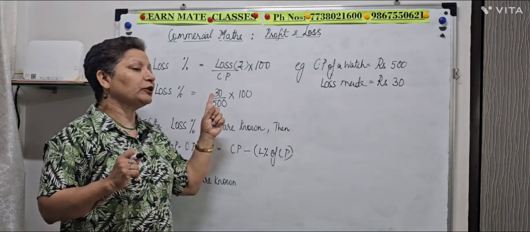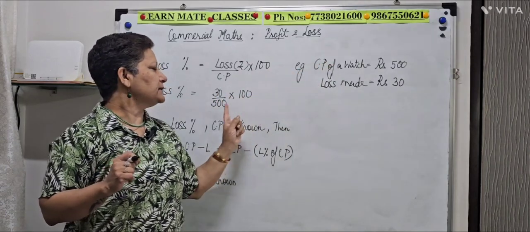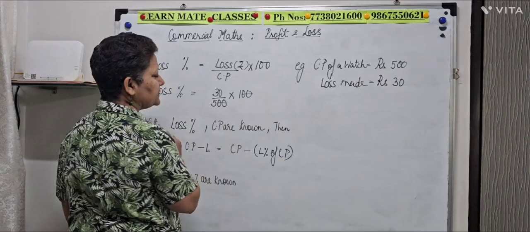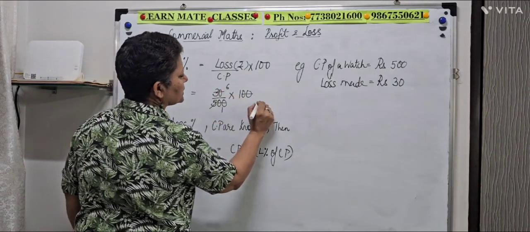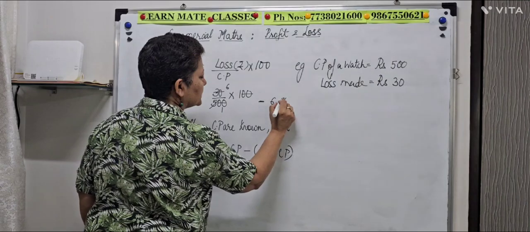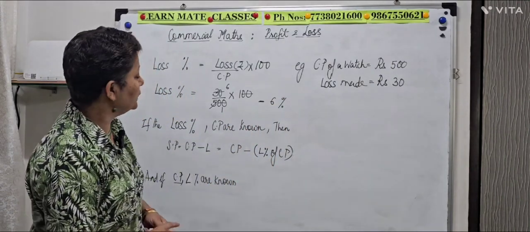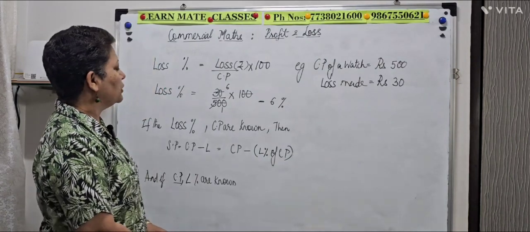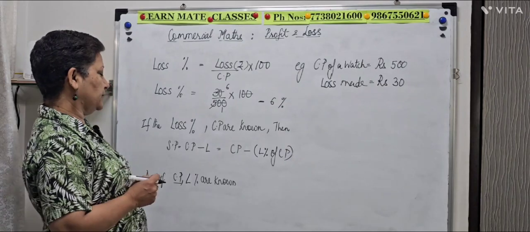The loss percent is going to be nothing but the loss upon the cost price into 100. Let's see what you get. The two zeros cancel, and this becomes 6. So this is nothing but 6%, right? This is how you find out the loss percentage. Now, if the loss percentage and the cost price are known, how do you find out the selling price?